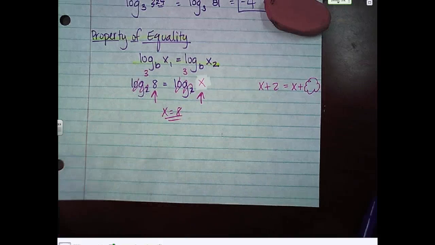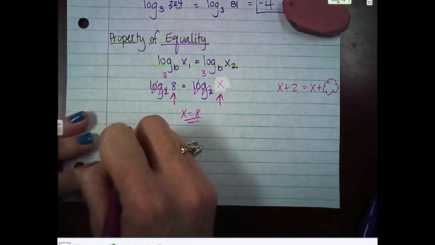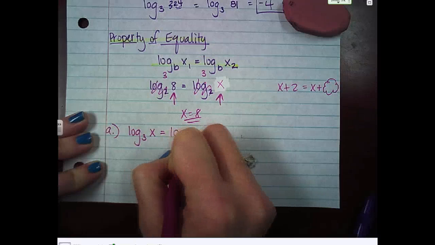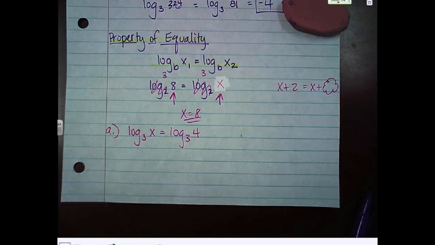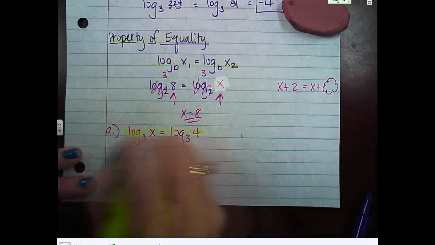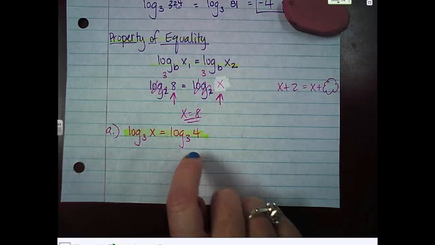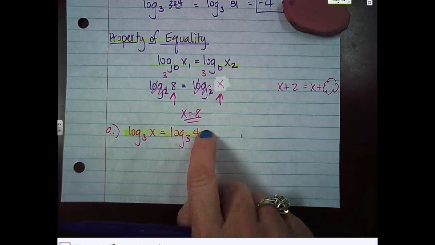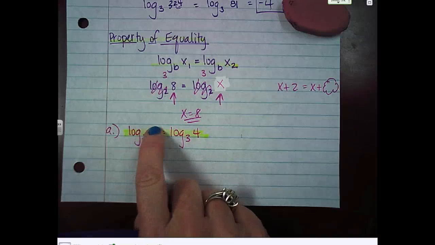Okay? So let me give you another problem like it. It's a very basic one. Here we go. If I say log base 3 of x equals log base 3 of 4. Now this is a real simple problem. So look at it for a second. If I'm telling you that the exponent to get from 3 to 4 is equal to this side, then the exponent to get from 3 to something, what does x have to be then?